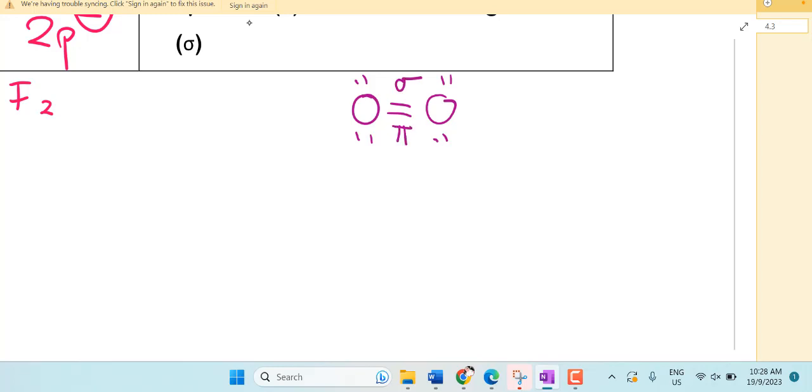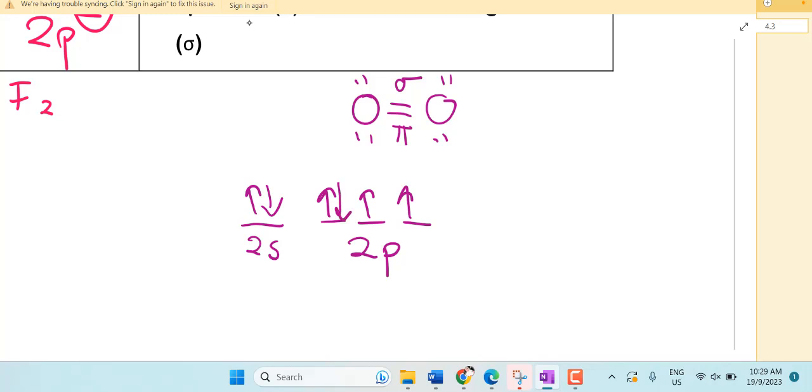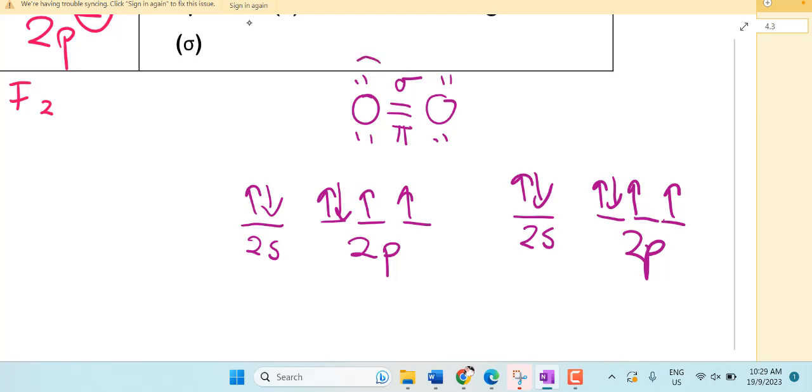In order to make this bond, we will use valence electrons. The valence electronic configuration of oxygen is like this. Oxygen consists of 6 valence electrons. Same goes for this oxygen. The first oxygen will use these 2 valence electrons to make the bond.